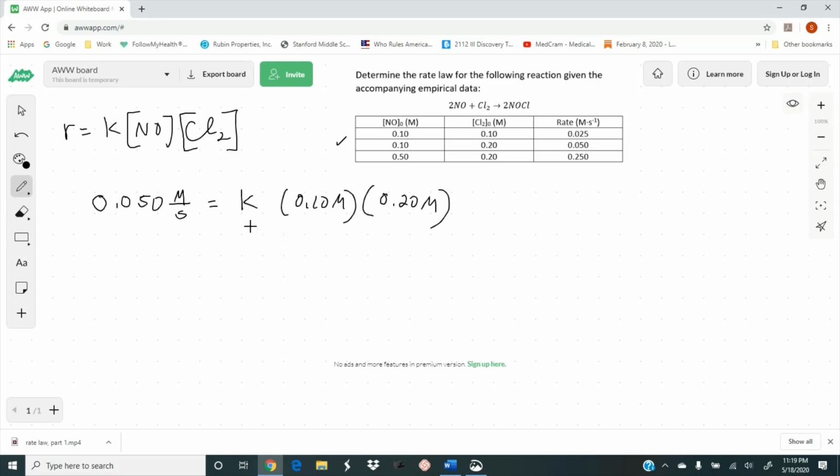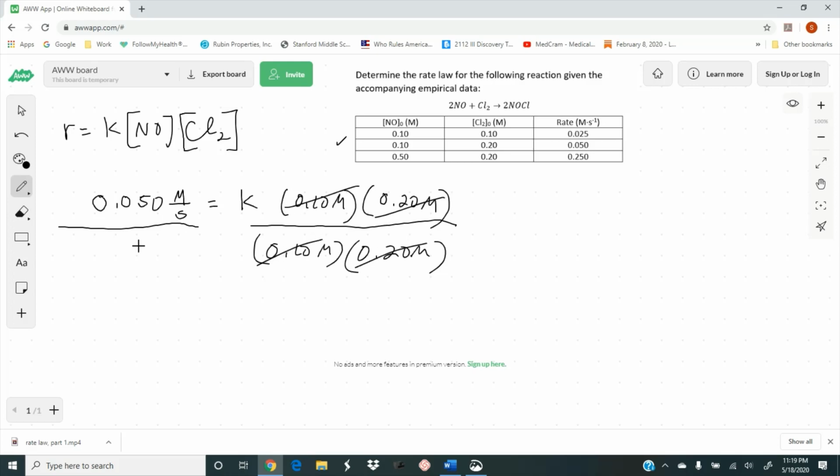We want to solve for K. So let's divide both sides by 0.10 molar and 0.20 molar. You could have multiplied them first and done it that way. Since we did it to this side so they cancel out, we also have to do it to the left.